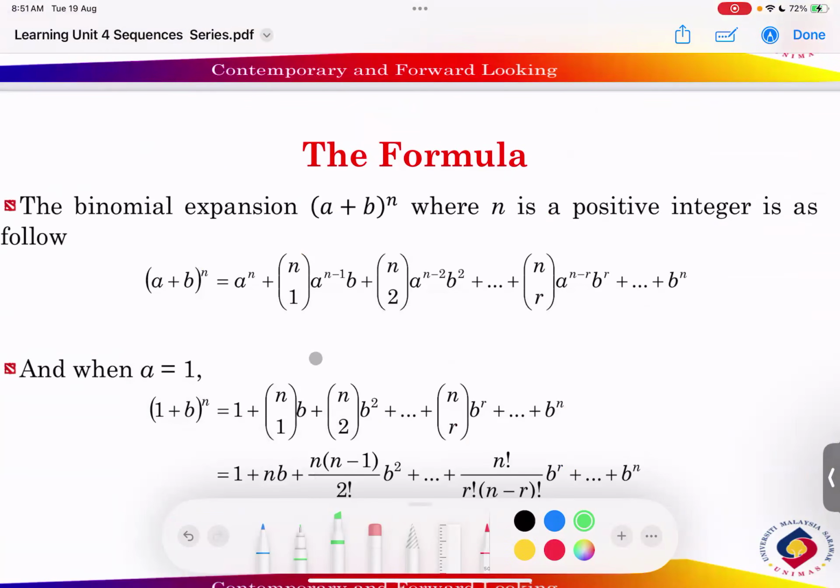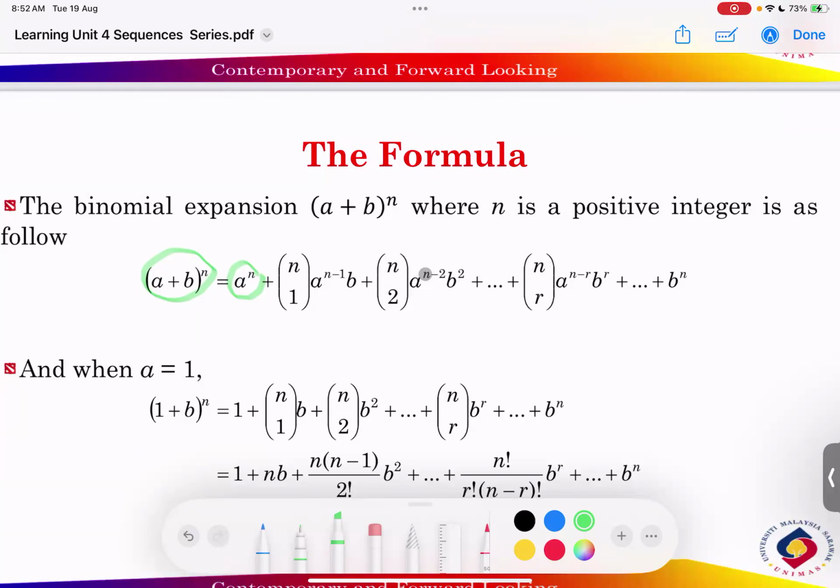So you can see from here, (a + b) to the power of n. This one is the first term, a to the power of n. Then this n, you put here, 1. Then n minus 1, and then n minus 2, and then continue n minus 3, n minus 4, n minus 5, n minus 6 until n minus r.